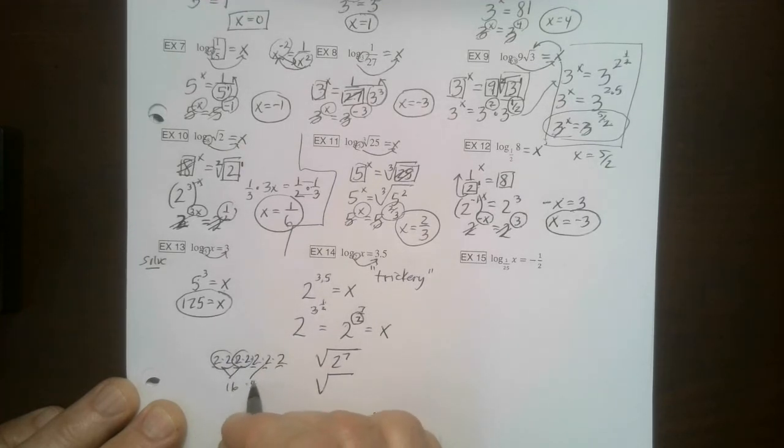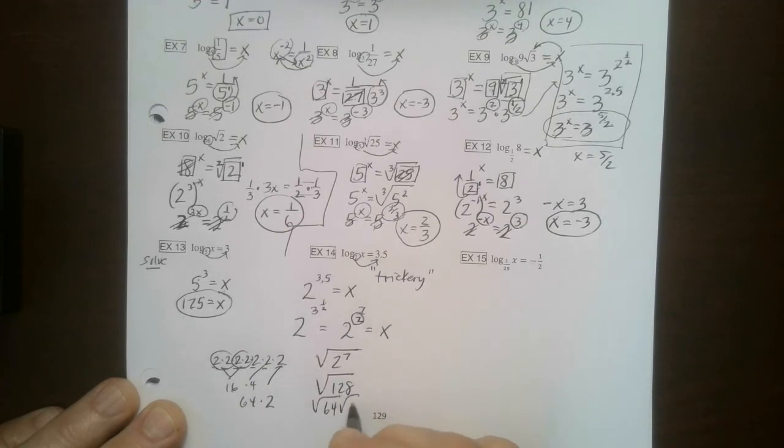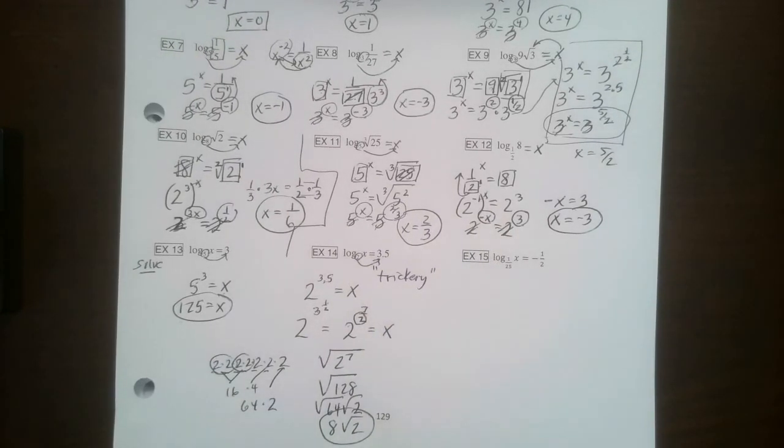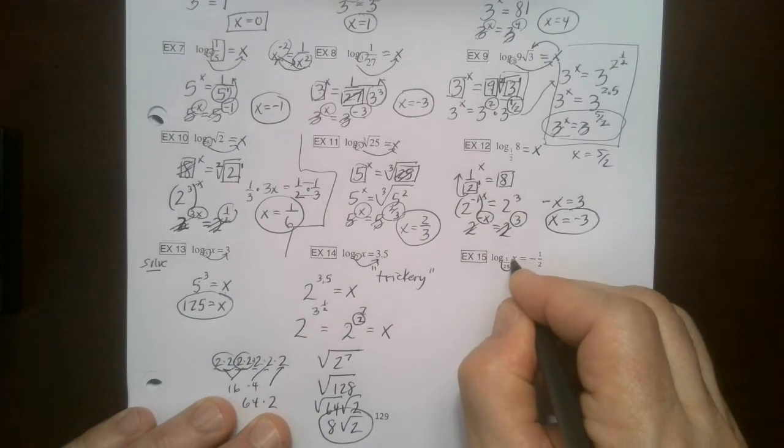Times 4 is 64. Times 2 is 128. And then we're going to break that up into 64 and 2, which is 8 square root of 2. That one gets the Mr. Nasty award for sure.